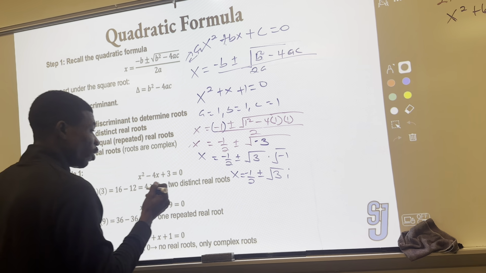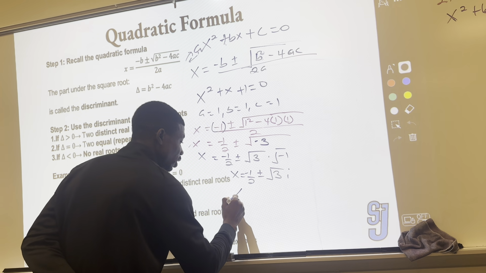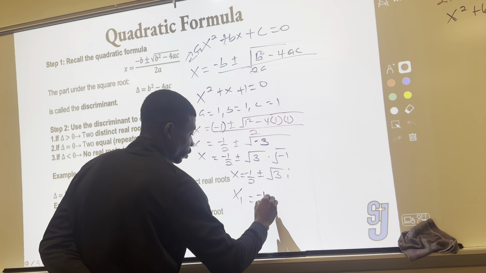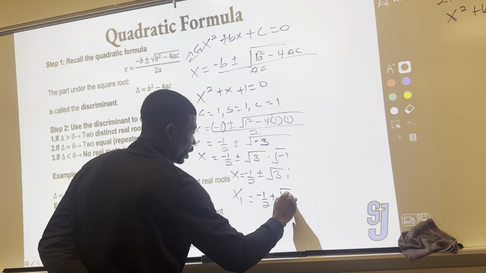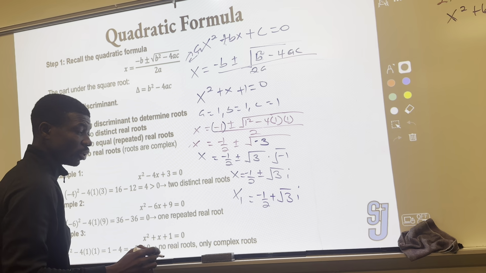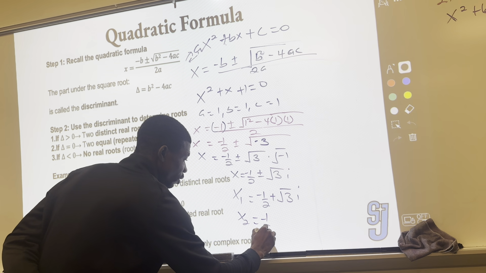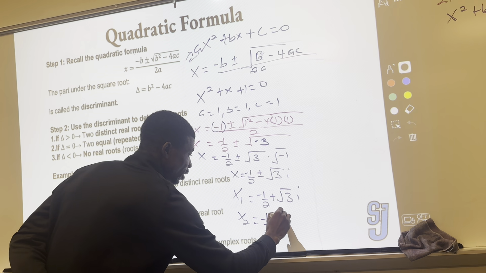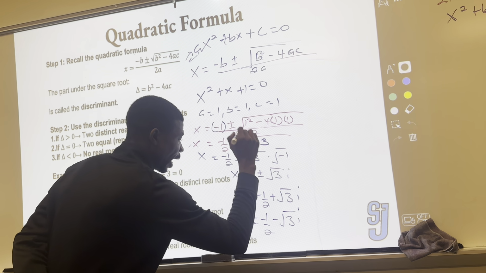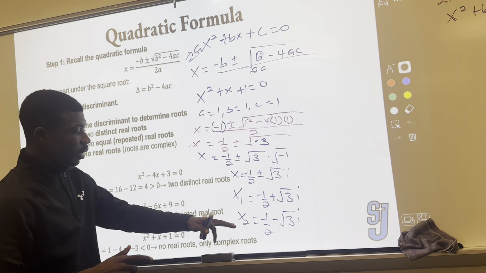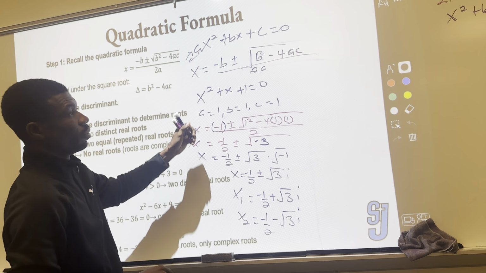And so if I'm looking for the two parts of the equation, my x1 is equal to -1/2 plus √3i. That's the first part of the equation. The second part of the equation is -1/2 minus √3i. So you recall that this is very easy and makes it very simple.